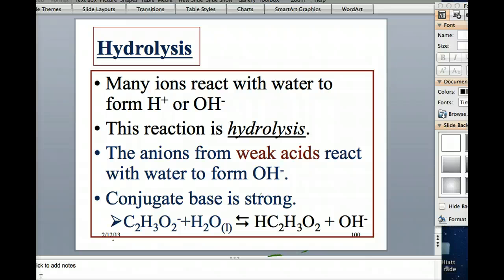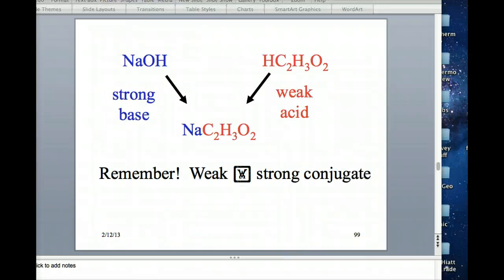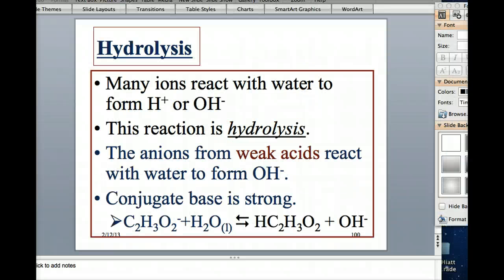Hydrolysis. We've seen this word now a few times. Hydrolysis basically means a reaction with water, where you react with water and make H or OH. We've been seeing a lot of hydrolysis with our anions.